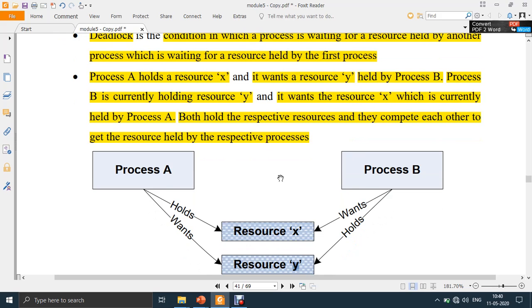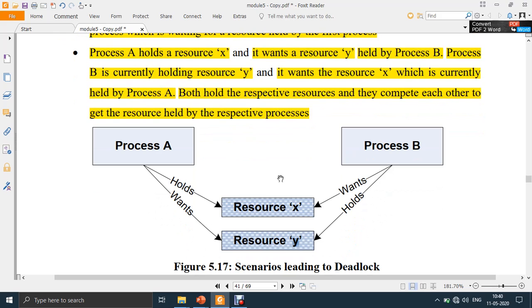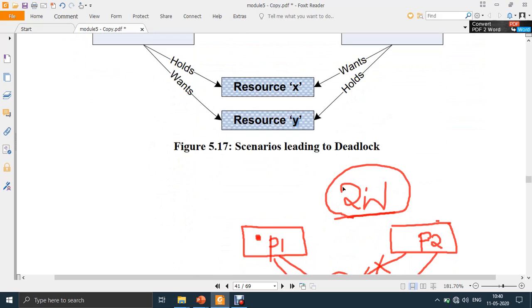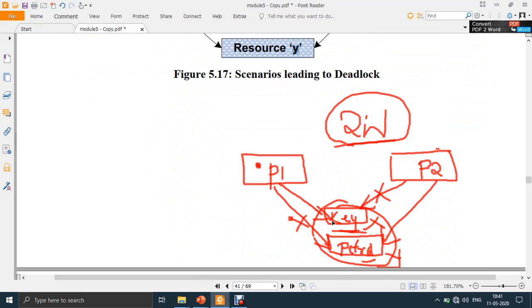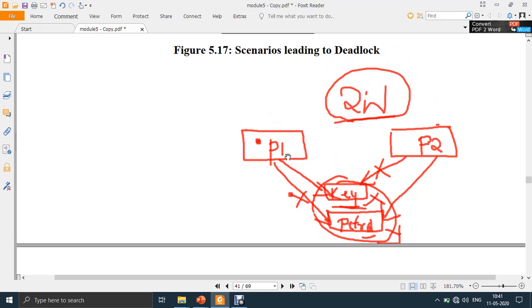To avoid this, coming back to the petrol and key example, P1 and P2 have to communicate with each other. P1 requests P2: give me the petrol, I already have the key, so I'll use the two-wheeler, and once I come back, I'll give the keys and the petrol back to you so that you can use the two-wheeler.